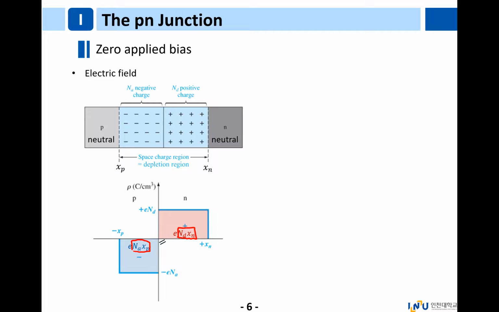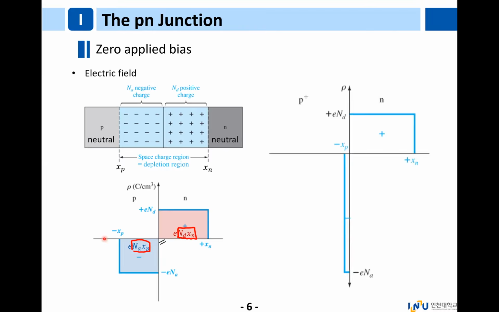Then let's apply this fact to the one-sided junction. For example, consider a P plus N junction. In this case, we can easily predict that the charge density profile will have a narrow depletion region due to the high doping concentration in the P-type region.